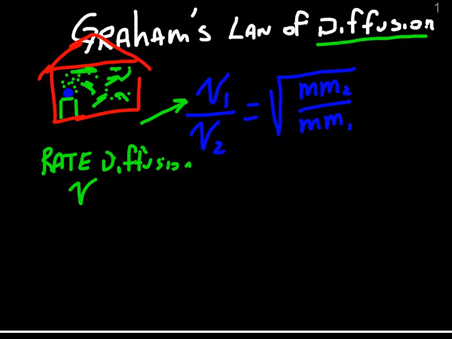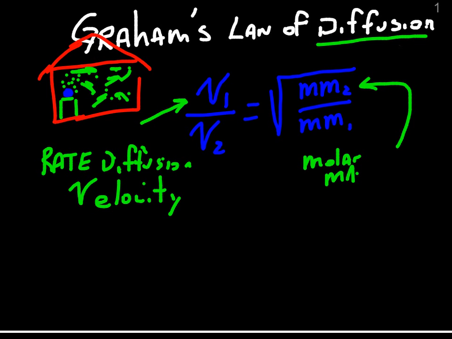I don't want that to be confused with volume in the other gas laws. So the velocity of one gas, when divided by the velocity of the other gas, is going to equal the square root of the molar mass ratio, and mm is molar mass. That's how much the gas weighs per mole.